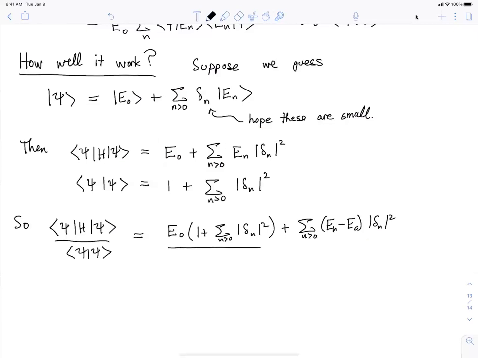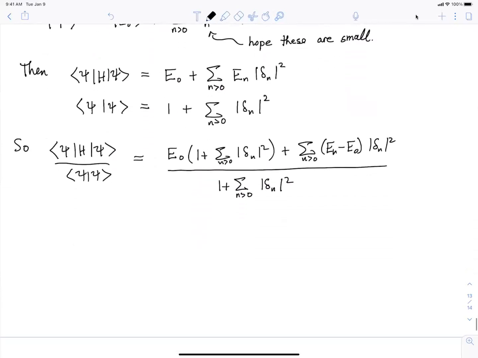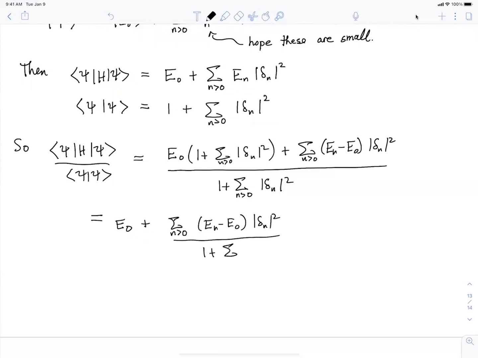And then in the denominator, we have the same thing that is multiplying the E0 in the numerator. And so I can simplify this and write it as E0 from this part plus a sum over n greater than 0 of En minus E0 times delta n squared, all divided by 1 plus the same denominator.